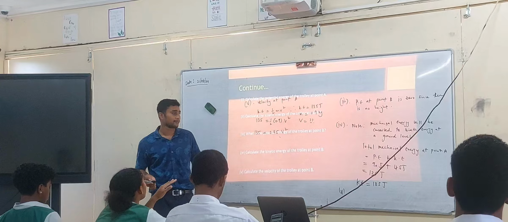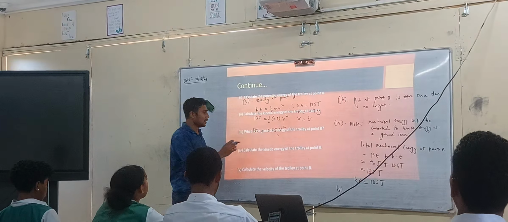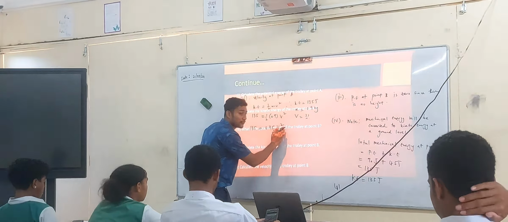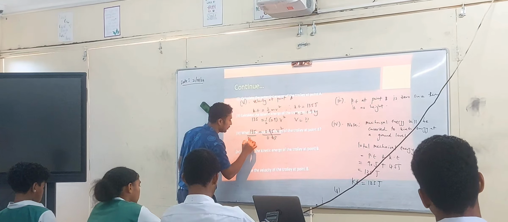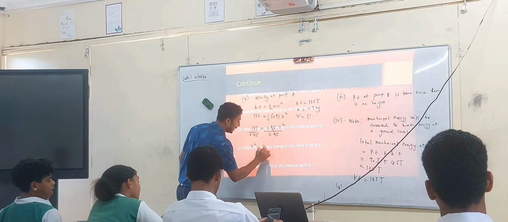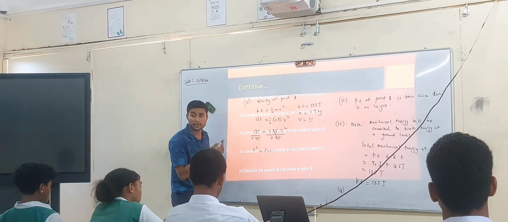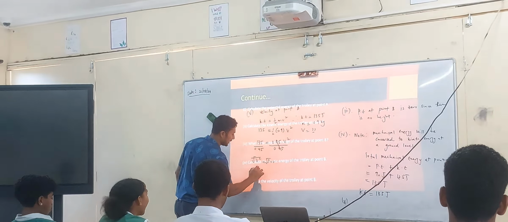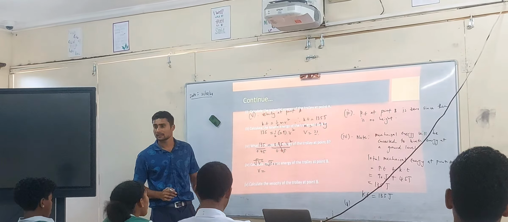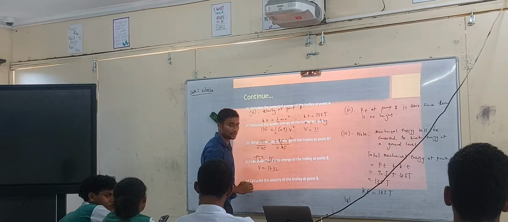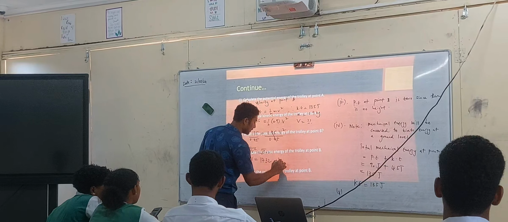Divide by 0.45, because they multiply. The opposite operation is divide by 0.45. So V squared is equal to what? 300. Next operation, square root on both sides. So V is equal to what? 17.32. 17.32 what? Meters per second.